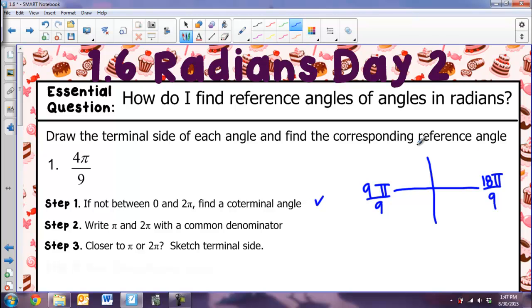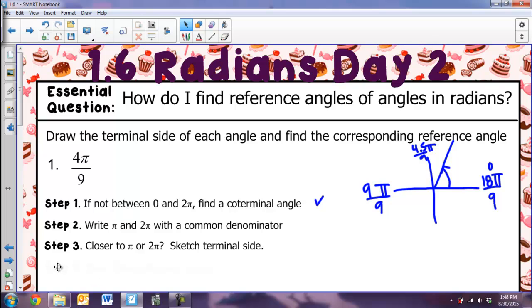And you can always remember this angle is also 0. So if you wanted to try to find this middle angle up here, the middle would be like 4.5 over 9 pi. And so that's definitely going to be over here in quadrant 1. Almost on the axis, but in quadrant 1. So this would be 4 pi over 9 sketched.